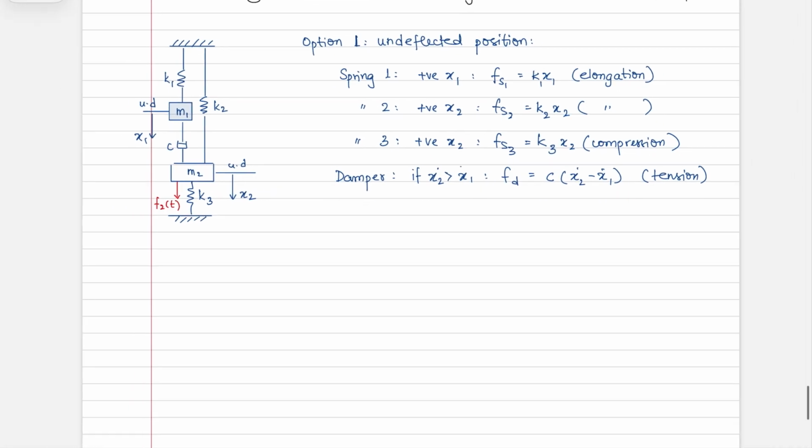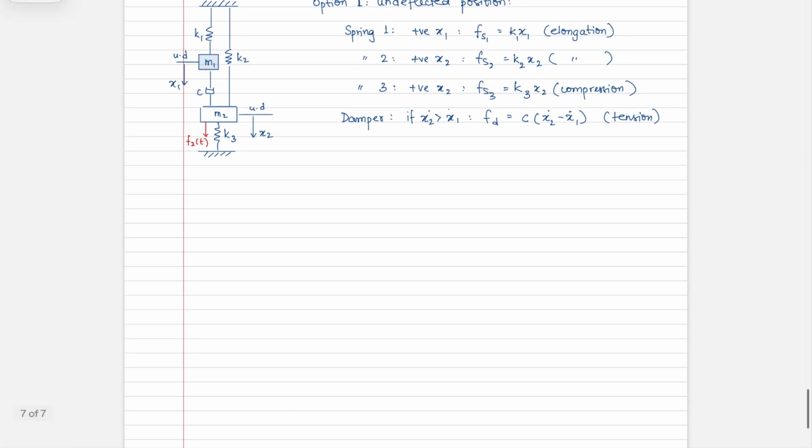Okay, so now we can draw the free body diagrams. Again, in this case, let's draw it as an exploded view. You have this spring here, you have this mass here, you have this damper, and then another mass here, and then a spring.